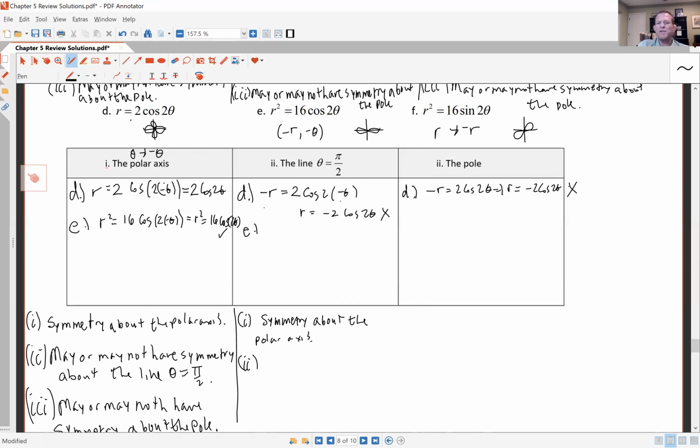To check for symmetry about the line theta equals pi over 2, we change r to negative r and theta to negative theta. In this case, the negative r squared stays r squared, and the negative inside goes away because it's a cosine. So we have symmetry about the line theta equals pi over 2 now.